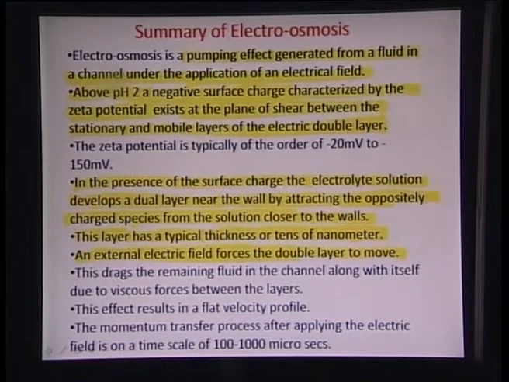So, there are these instances where the ionic forces generated by the external field do away with the holding force or the viscous forces in between the layers, and it causes the shear of this fluid along the double layer.